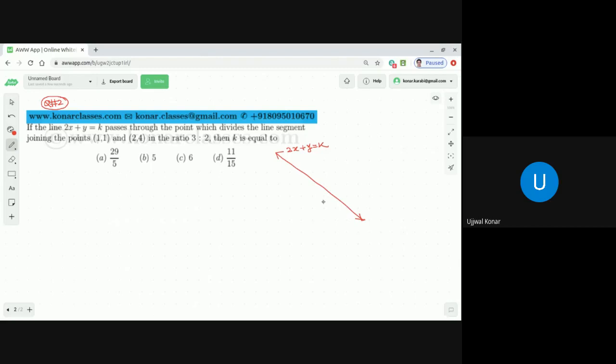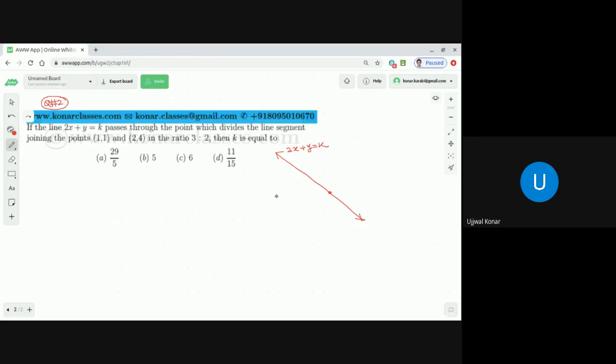Now, it passes through a point. Suppose it is passing through a point, suppose P. What is the characteristic of the point P? It divides the line segment joining the points (1, 1) and (2, 4).